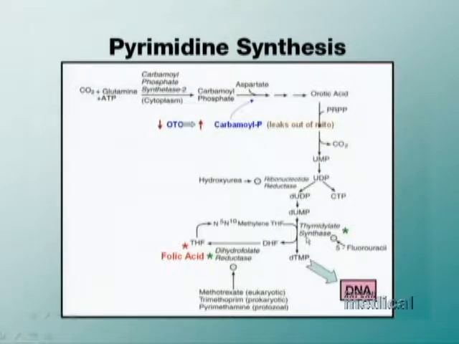The next enzyme in this pathway, thymidylate synthase. Thymidylate synthase takes dUMP, deoxyuridine monophosphate, and converts it to deoxythymidine monophosphate, or dTMP. So if you remember, U's are found in RNA, T's are found in DNA. So this enzyme thymidylate synthase has a net effect of converting U's to T's.